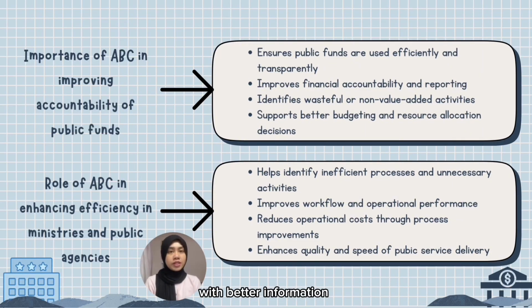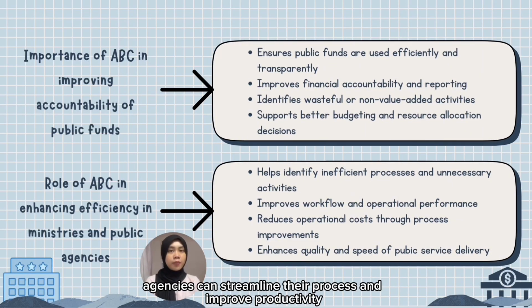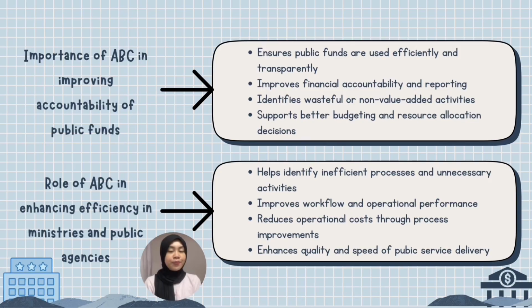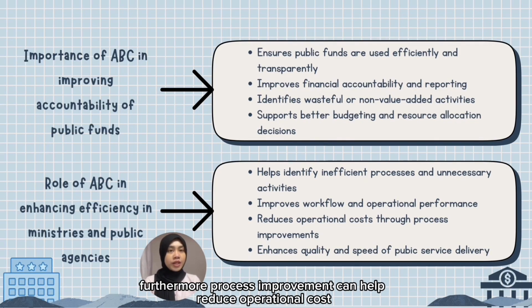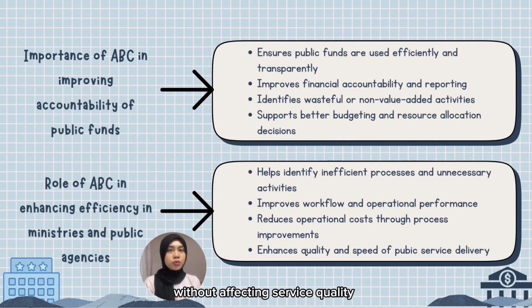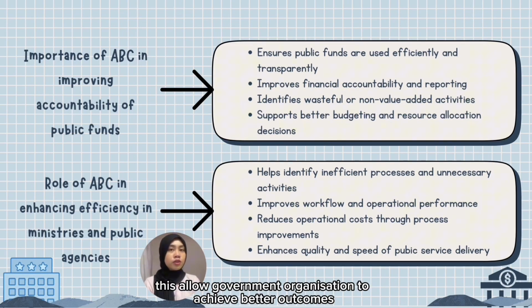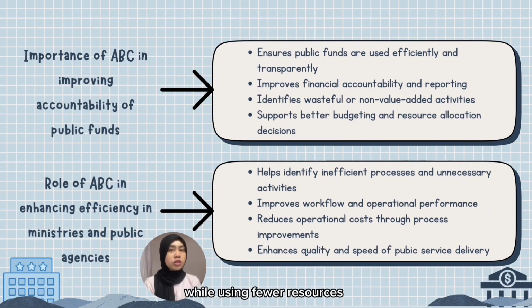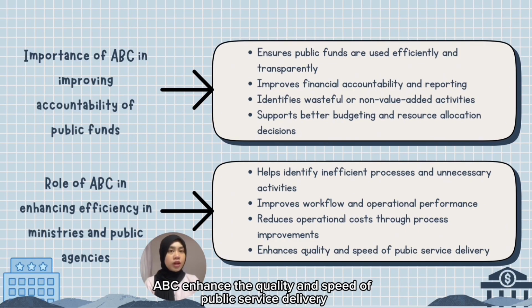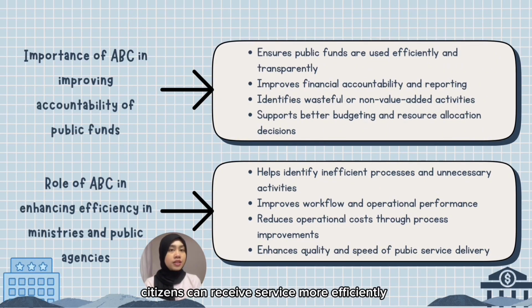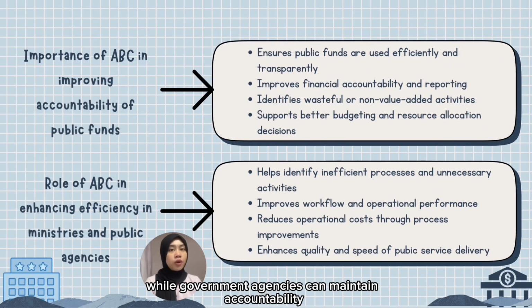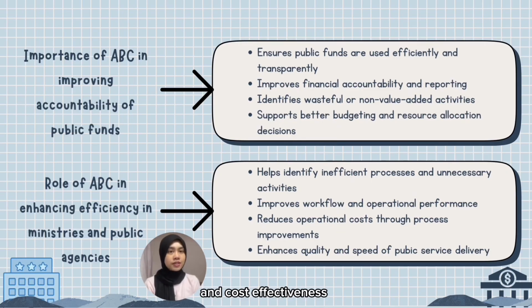With better information, agencies can streamline their processes and improve productivity. Furthermore, process improvement can help reduce operational costs without affecting service quality. This allows government organizations to achieve better outcomes while using fewer resources. Most importantly, ABC enhances the quality and speed of public service delivery. Citizens can receive service more efficiently, while government agencies can maintain accountability and cost effectiveness.